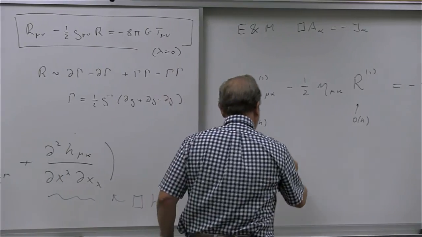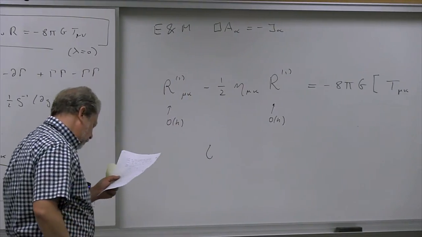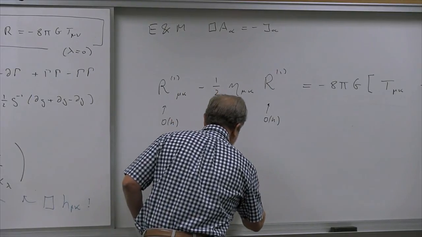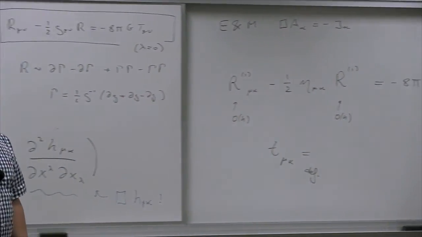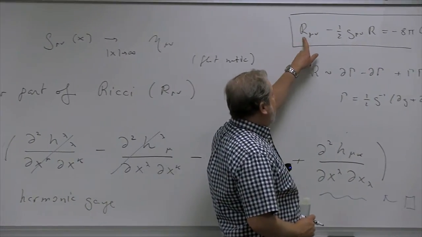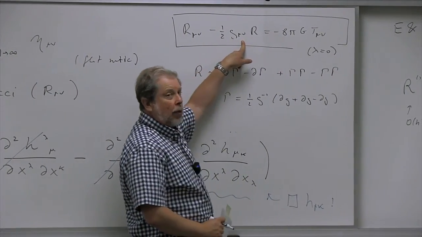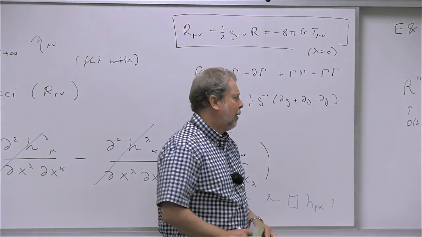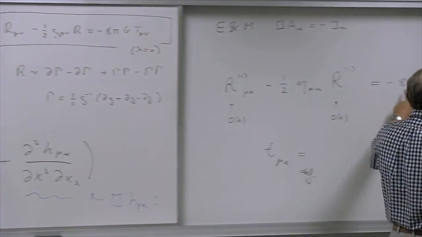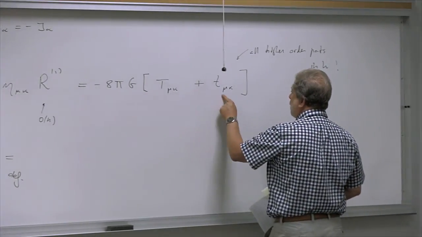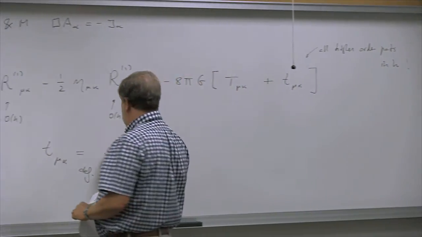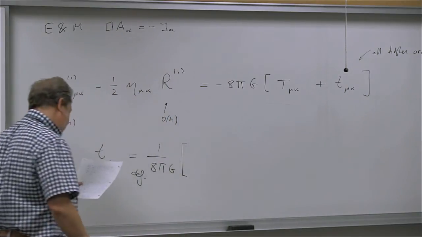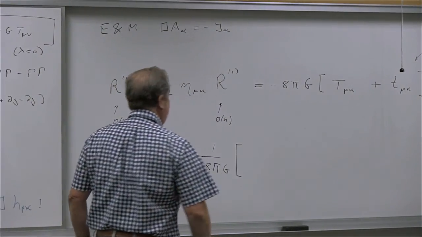So what are they? Well, T mu k is defined to be everything that we left out. So in other words, everything on the left-hand side of the field equation that is not of order h, we're just going to move over to the other side. And when we move it over, we are going to have a G in front, so we better divide out by a G here. So we have that this is equal to 1 over 8 pi G times everything else that we left out.